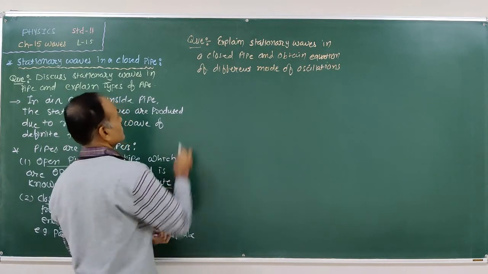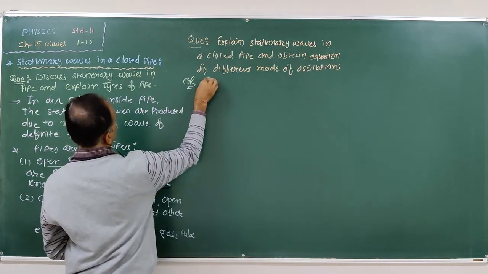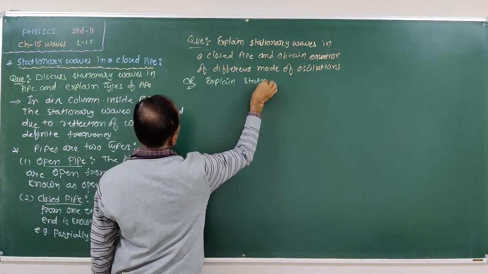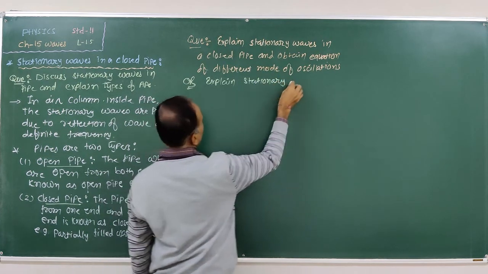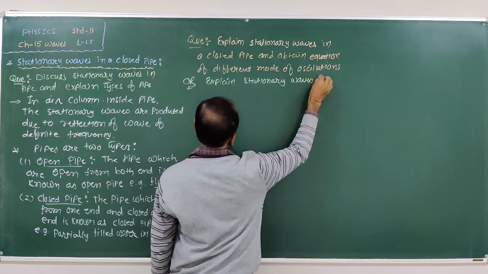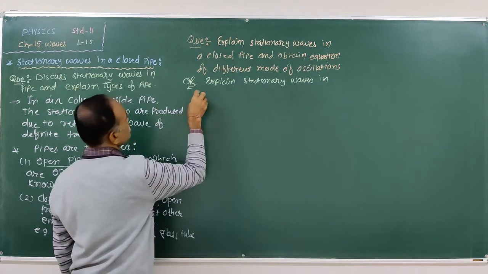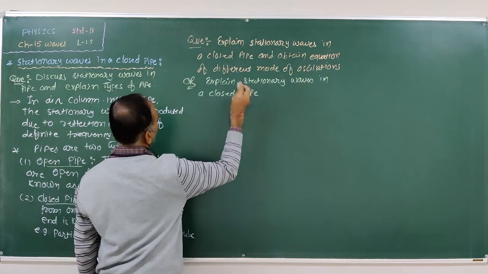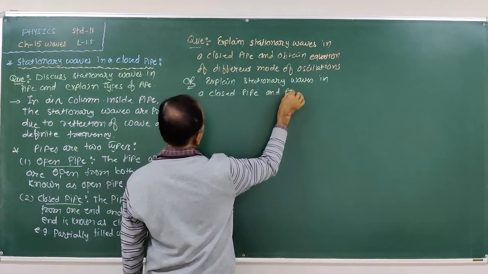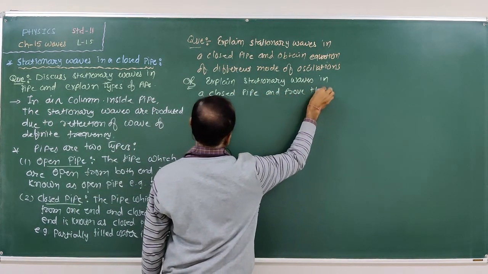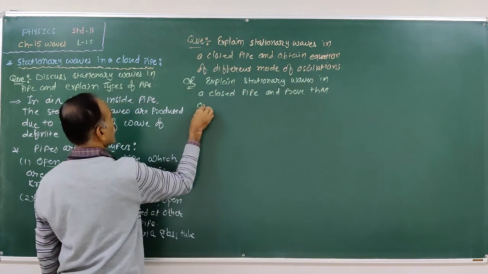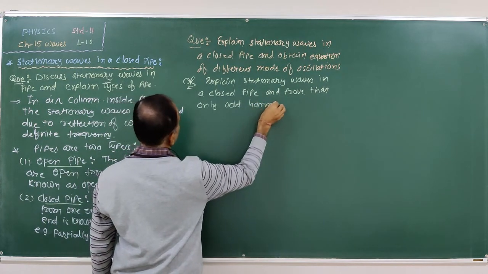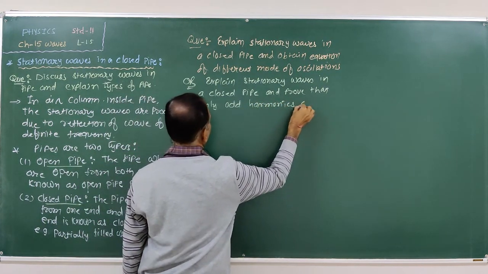Our question is: explain the stationary wave in a closed pipe and prove that only odd harmonics are possible in a closed pipe.